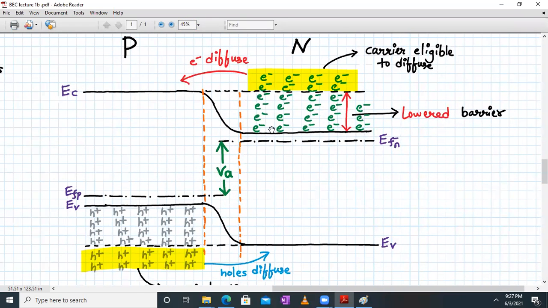Yeah. So there are a lot of electrons in the conduction band on the n side. Okay, but only those carriers which are eligible to diffuse will be diffusing towards the p region. So what do you mean by eligible to diffuse? It means only those carriers which have enough energy to overcome the barrier and go on to the other side will be diffusing.